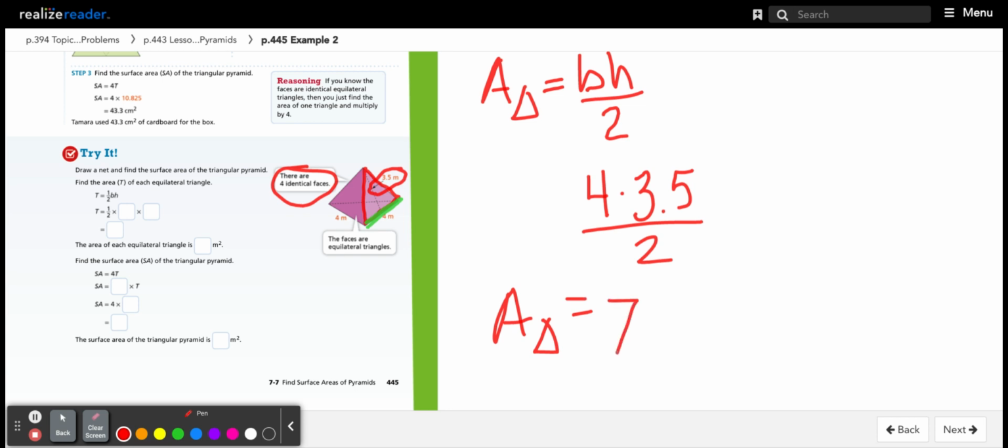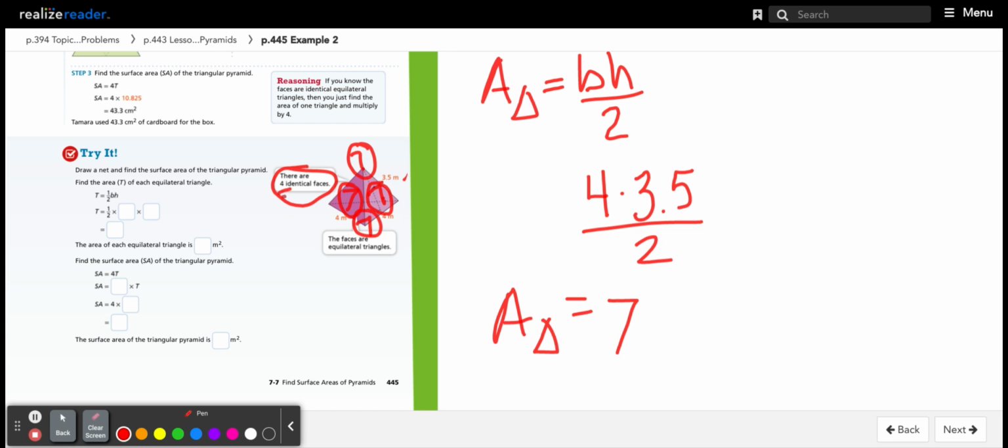Okay, so that just tells us that 1 face is 7. Well, if I have 1 face of 7 there, another face of 7 here, I have 7 on the back and 7 on the bottom, that means I have 4 triangles with an area of 7, right?